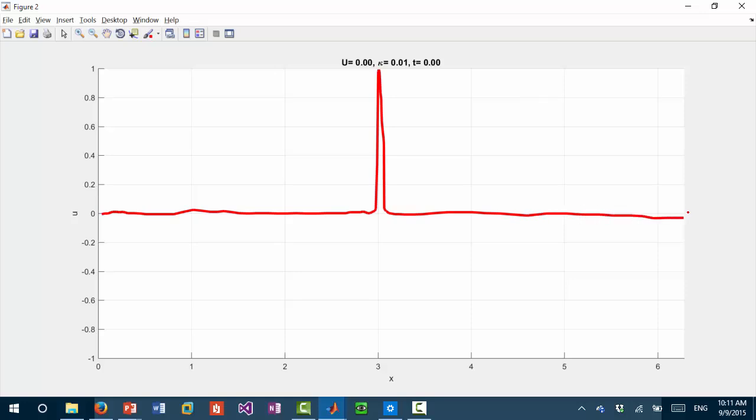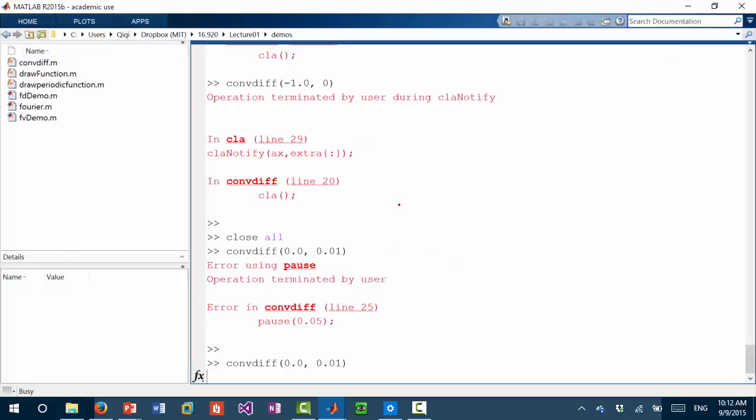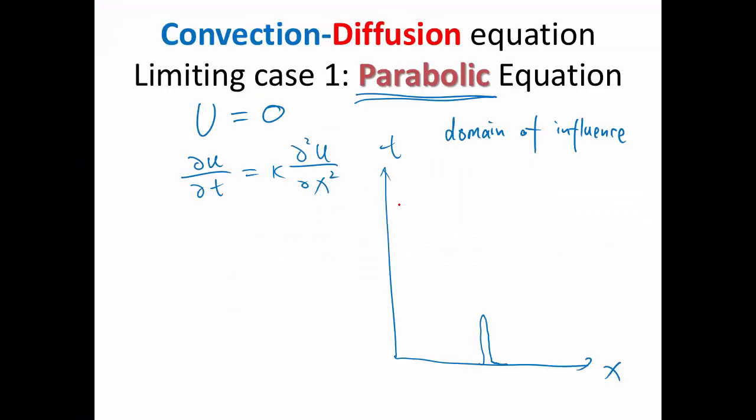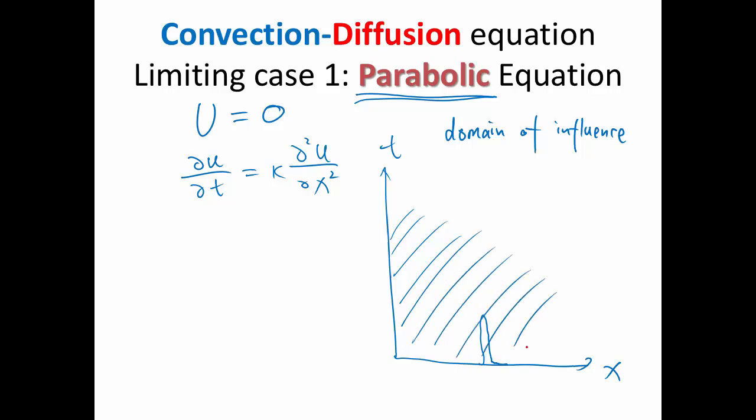As time goes on, how does that solution affect the solution at different space and time points? In this, we are going to see that the solution diffuses, which means after even a slightly later time, the solution at this point is going to affect a wide area of solutions. So the domain of influence is essentially the whole domain after the time of perturbation.